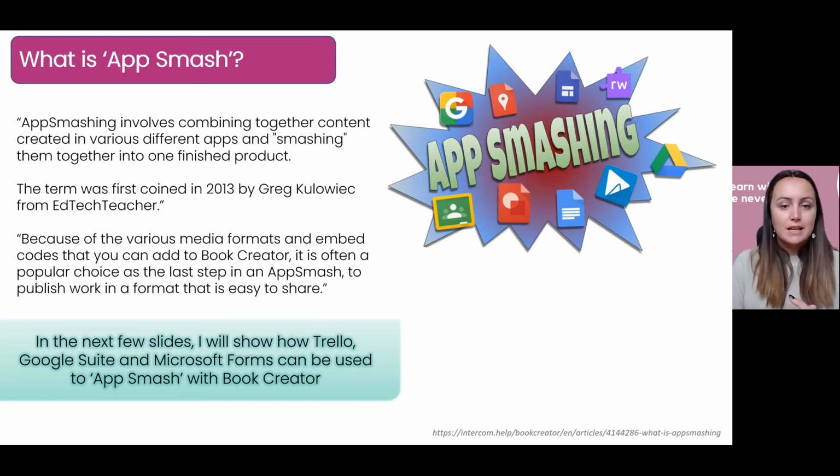You might want to use Book Creator as a way of bringing all of these different things together in one accessible place, so that the learners don't have to jump back and forth to emails or Word documents or whatever, trying to find the next step in their learning.